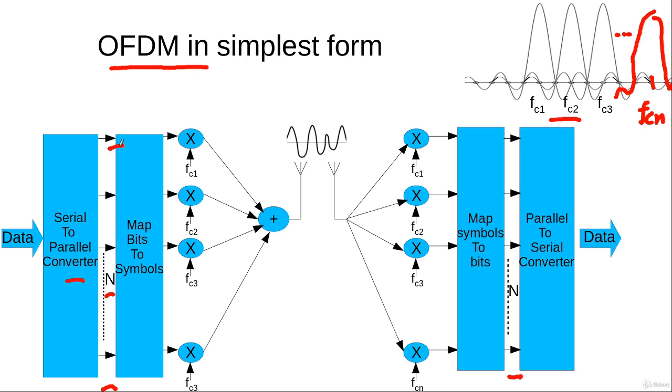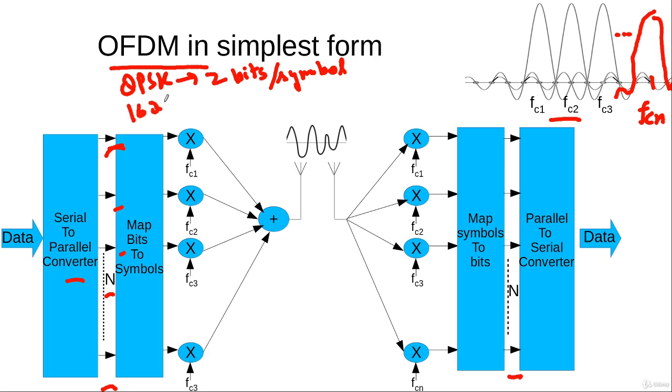Now in each of these channels, the bits would be converted to symbols, and here it is important to point out that this conversion would be done according to the modulation scheme that we are using. For example, if we consider the first channel and we are using the QPSK modulation scheme, then in that case we would be sending 2 bits per symbol, or in other words, we would be converting 2 bits to 1 symbol.